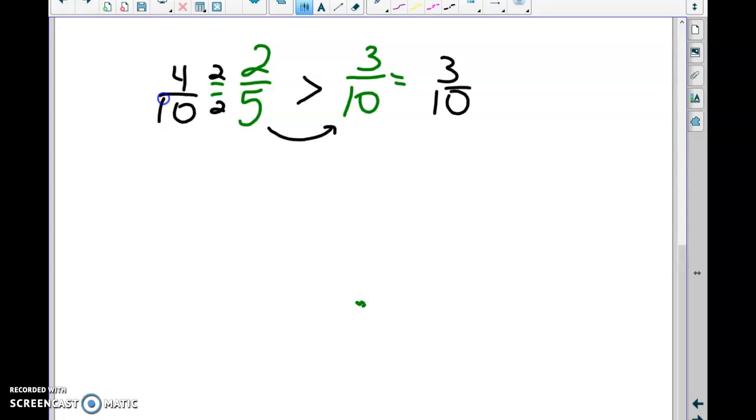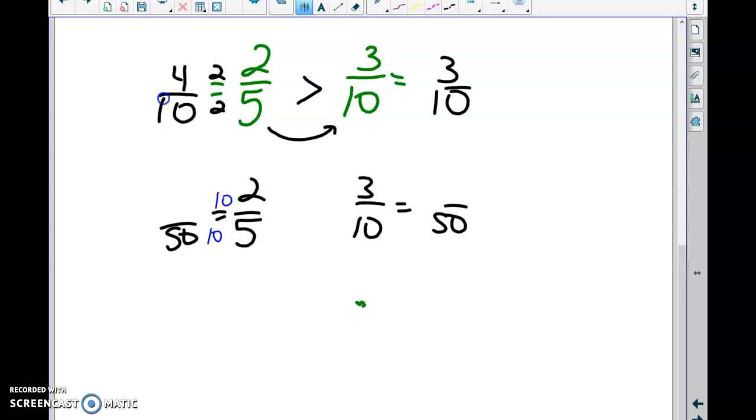All right, now put your pencils down and just watch what happens when I choose 50. Some people wanted to use 50. So I'm going to make this into 50ths. And really, the multiplying is pretty easy on this one. So 5 times what is 50, everybody? 10. And 2 times 10 is 20.